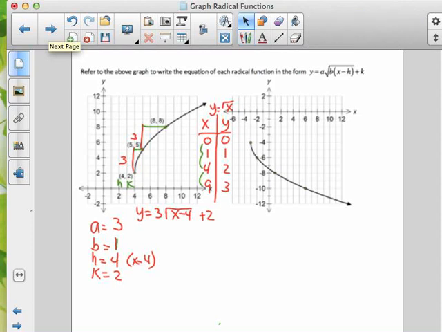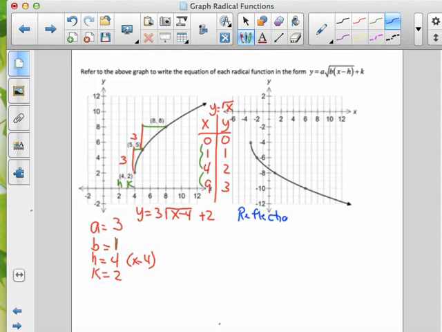All right, so first I noticed that we're reflected over the x-axis. Because we're below the x-axis, that means that A is going to be negative. All right, let's check and see if our graph is vertically stretched.